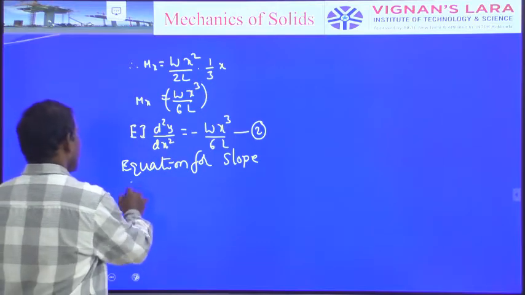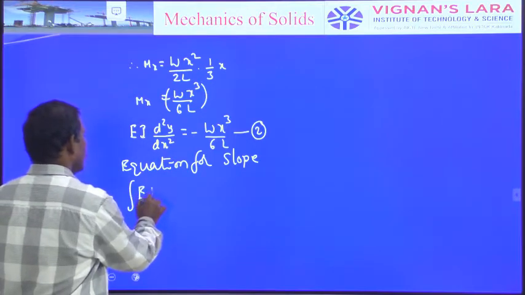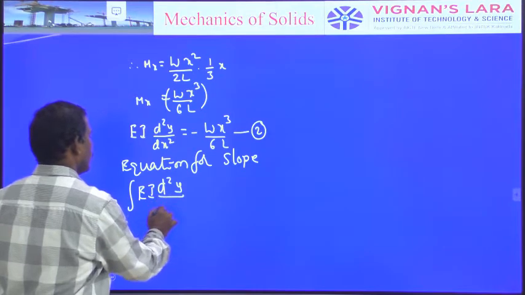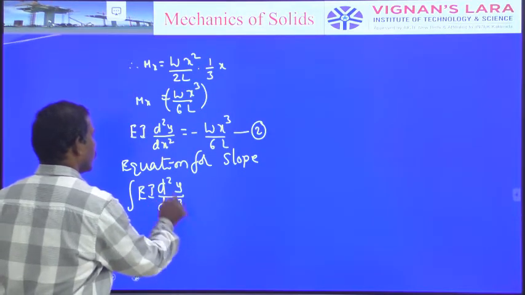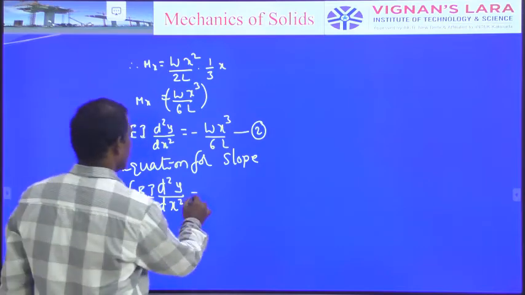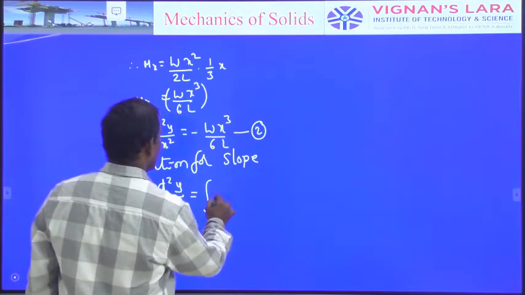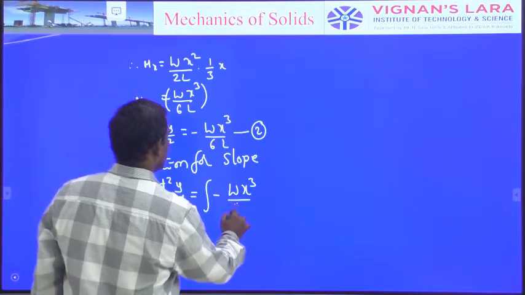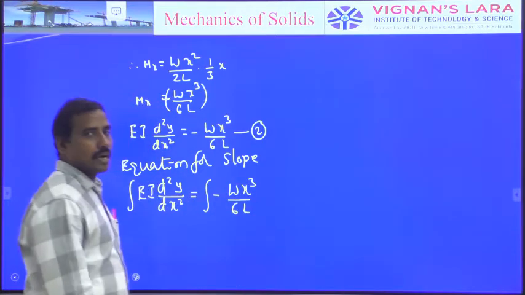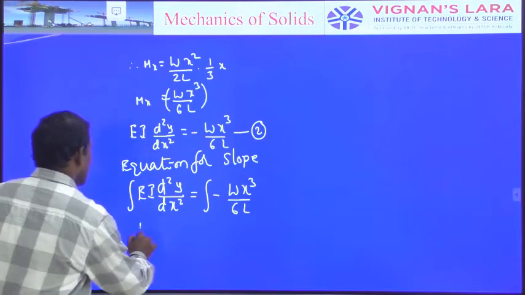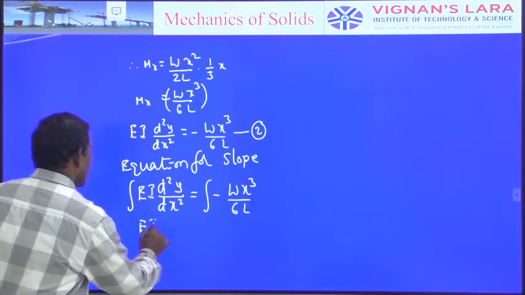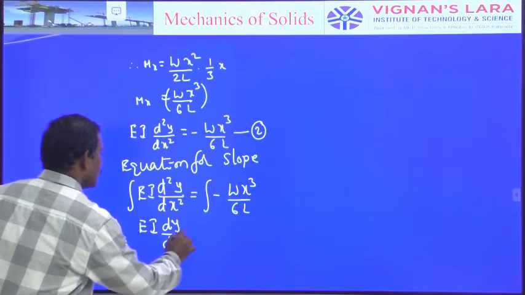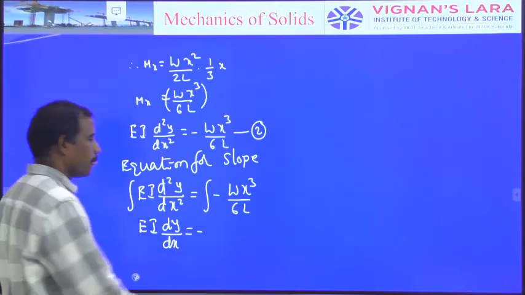That is, integral of EI d square y by dx square is equal to integral of minus Wx cube by 6L. After performing the integration, EI dy by dx is equal to minus.